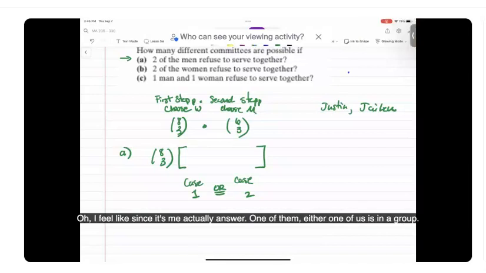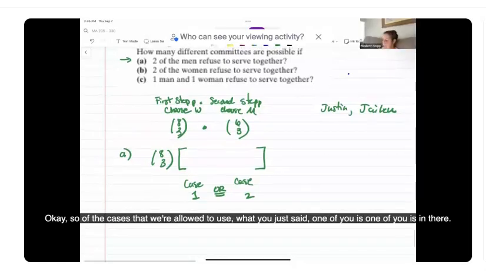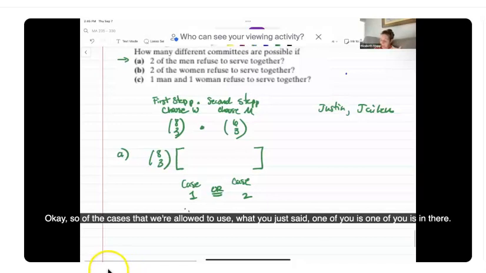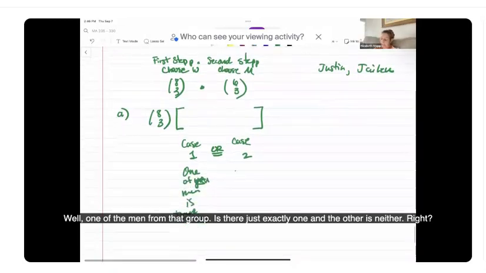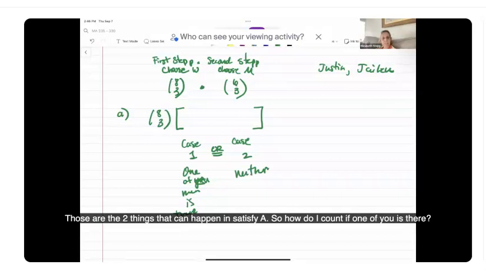Either one of us is in a group, either of us are in a group, or in the case where we both are, just don't count it. Okay, so of the cases that we're allowed to use, what you just said, one of you is in there. Well, one of the men from that group is there, just exactly one, and the other is neither, right? Those are the 2 things that can happen and satisfy A.